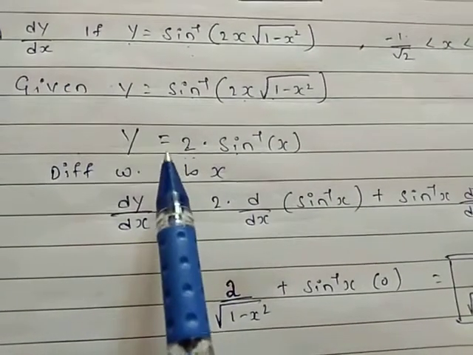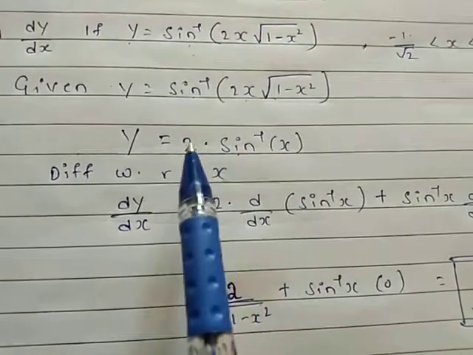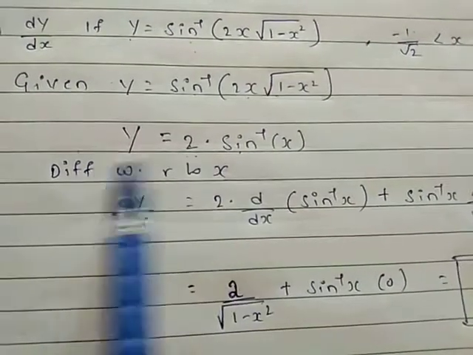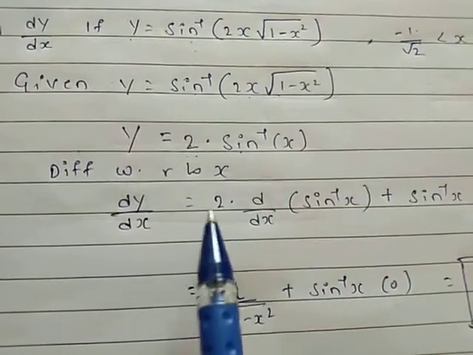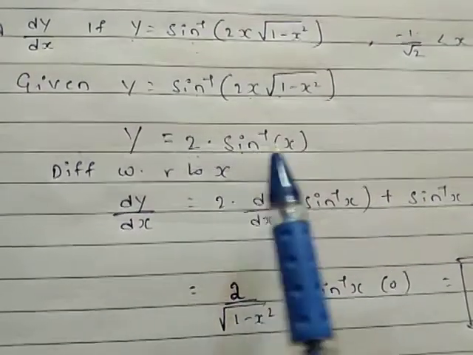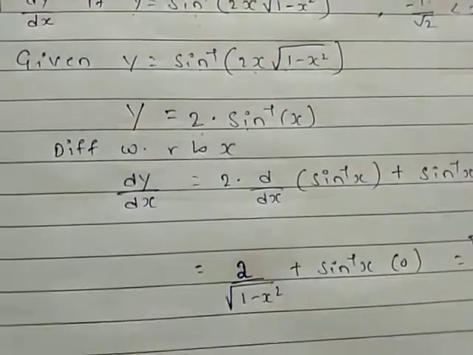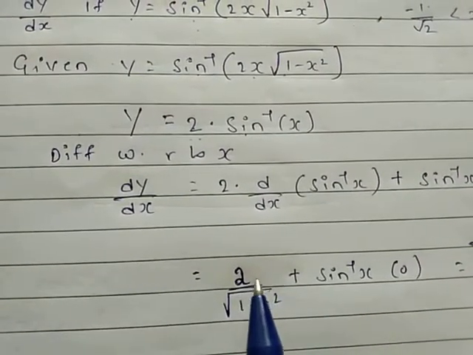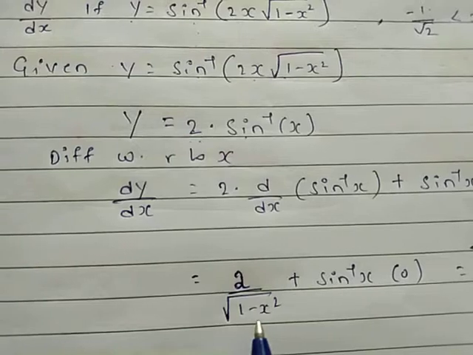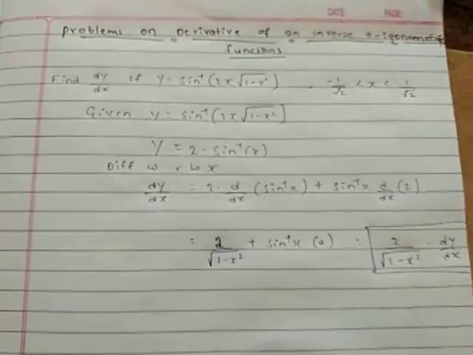So we concluded that y is equal to 2 into sine inverse x. We are just differentiating by applying the chain rule of differentiation. We know the standard derivative of sin inverse x and the differentiation of a constant. By applying these, we have concluded that dy by dx is nothing but 2 divided by root of 1 minus x square. So pause the video to note it down.